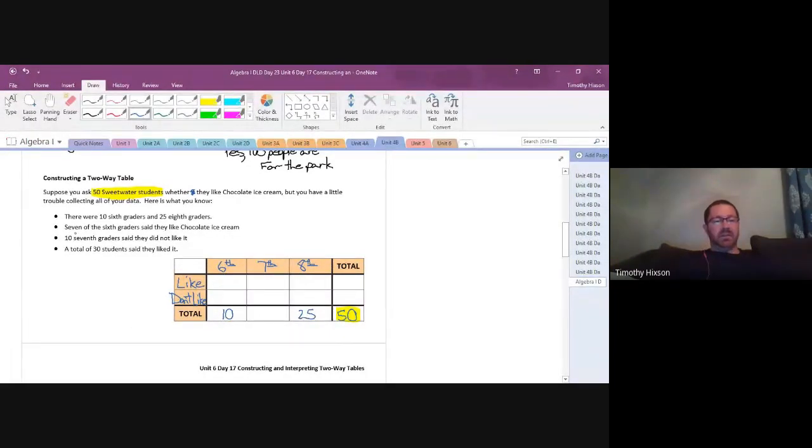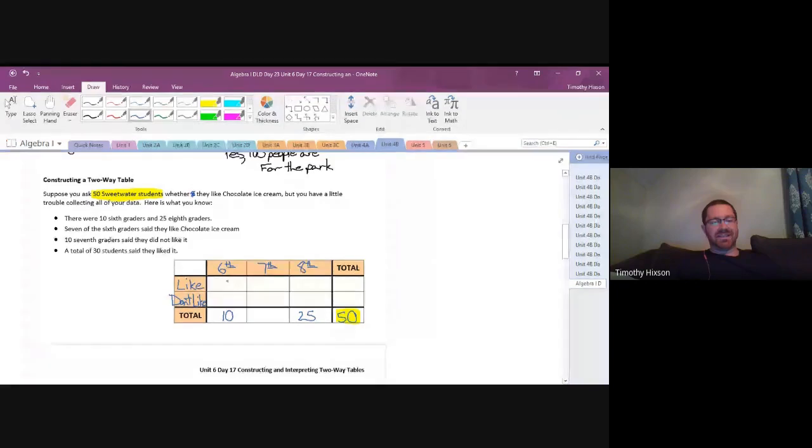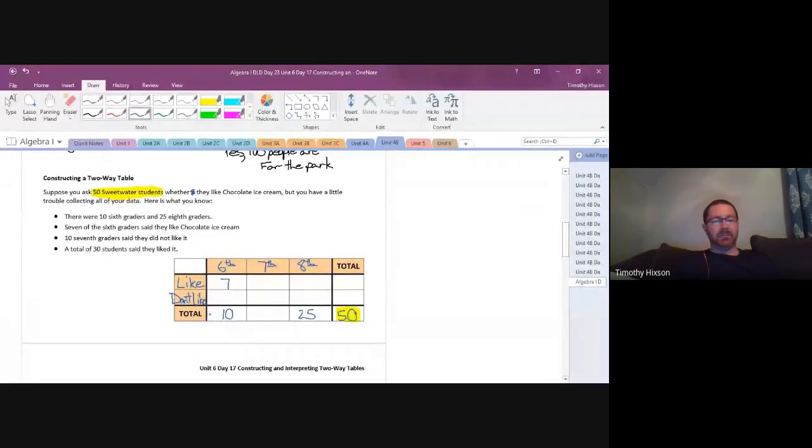Another thing we were told is that 7 of the 6th graders said they like chocolate ice cream. So here's a 6th grade column, like chocolate ice cream. That's these guys right here, so there's going to be 7 of them there. 10 of the 7th graders said they did not like chocolate ice cream.